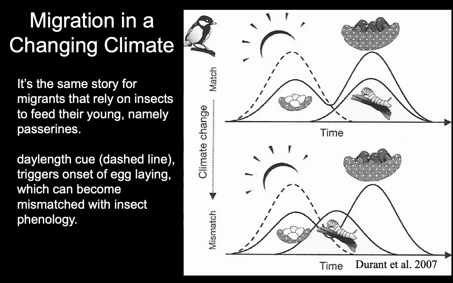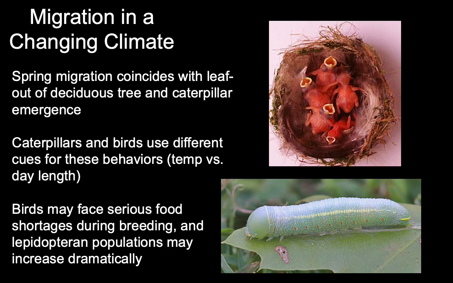But we can see down here in the mismatch, the caterpillar production advances, but egg laying doesn't, or it can't as much because it's restricted by day length, and climate change isn't doing anything to day length, but it's doing a whole lot to temperature and precipitation, which is what dictates when insects are going to reproduce.